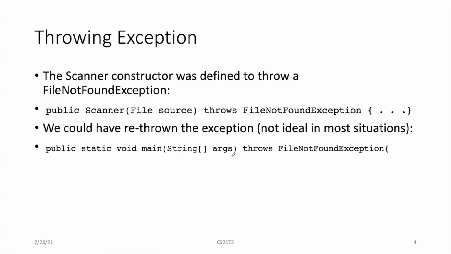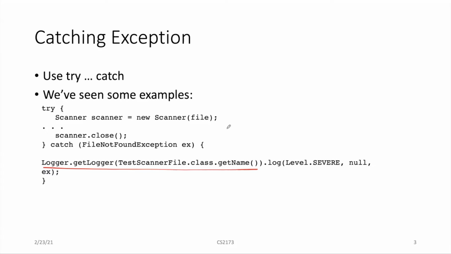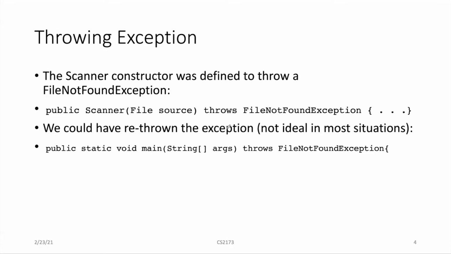Now throwing the exception is the other option. So remember, NetBeans gives us this option of catching or throwing, and if we decide to throw it, that's sometimes desirable. The scanner constructor throws a file not found exception, and if you look at the definition of that, it's right there in the definition.